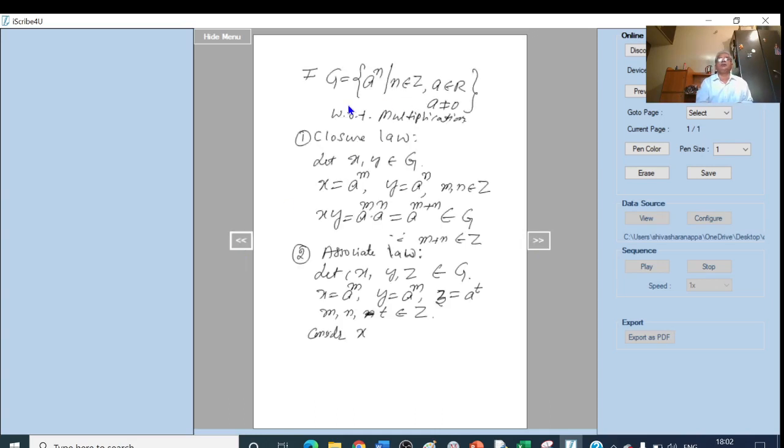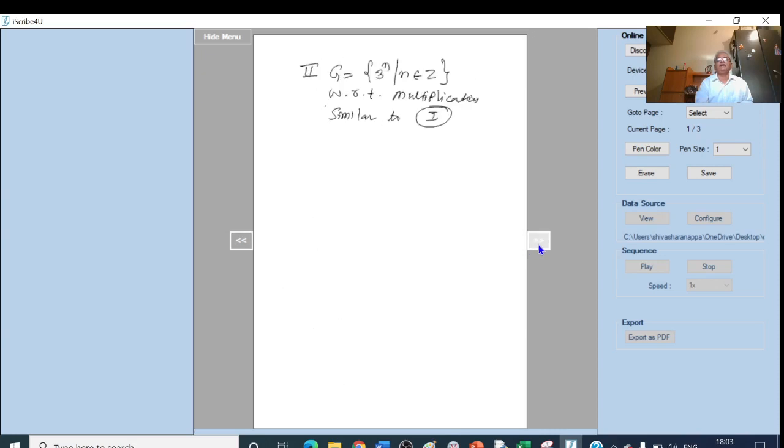See, what is example 1? G equal to a to the power of n, n belongs to Z and a is a real number, a is not equal to 0, with respect to multiplication. So in place of a if you put 3, we can prove that this G equal to 3 to the power of n, n belongs to Z, is an abelian group.